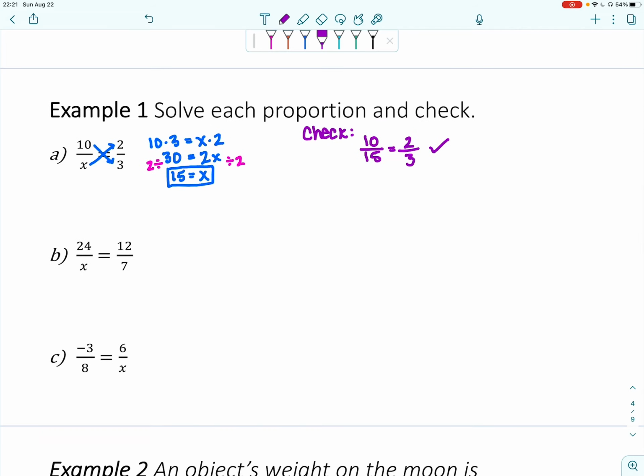So the second one, 24/x equals 12/7. I'm going to do the same thing, but I'm going to do a different color. So 24 times 7, and we'll do x times 12. Write that out. 24 times 7 is 168. And I'm just going to write 12x because it looks prettier. I can get the x by itself by dividing both sides by 12.